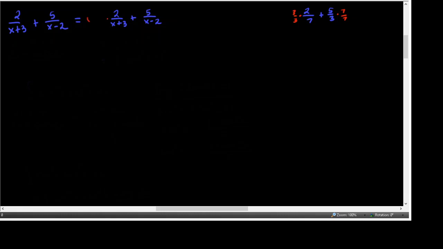We're going to multiply this first fraction by x minus 2 over x minus 2. Guess I didn't need those parentheses.